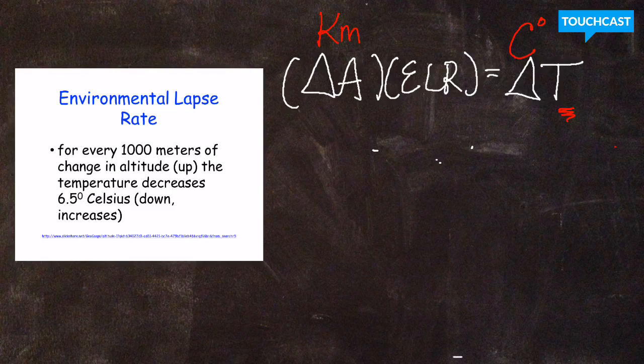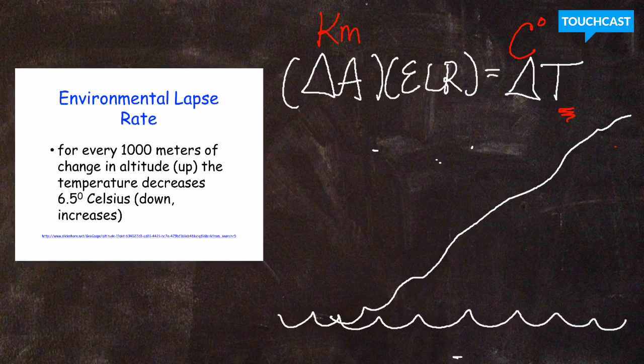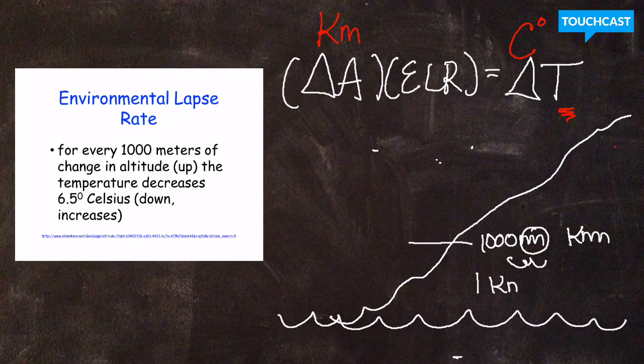Let's say that I'm hiking from the beach. So let's say I hike up 1,000 meters. Well, for our equation, we have to change meters to kilometers. So we're going to move the decimal over 3 places. So we have 1 kilometer.